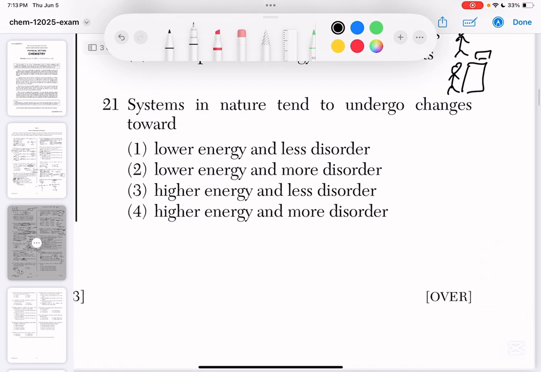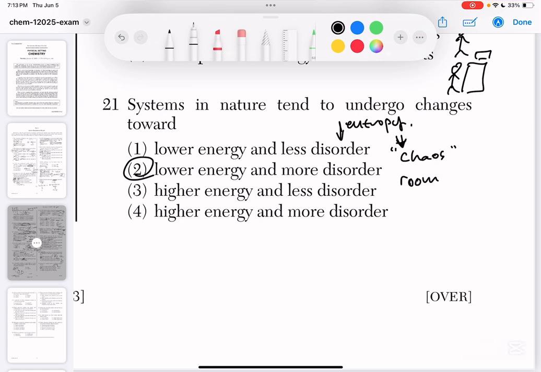So yeah, systems in nature tend to change to lower energy and higher entropy. So disorder is entropy, and you can think of this concept as essentially chaos. Like, the most common analogy I hear my teachers use is the room.